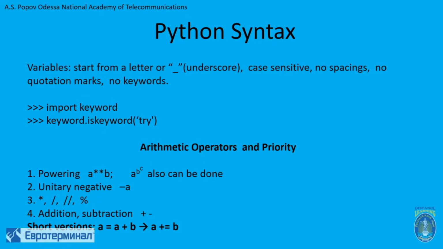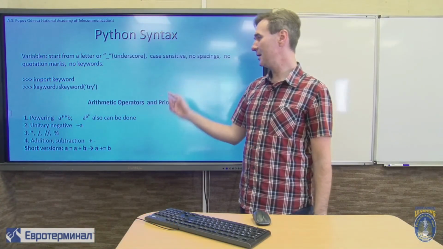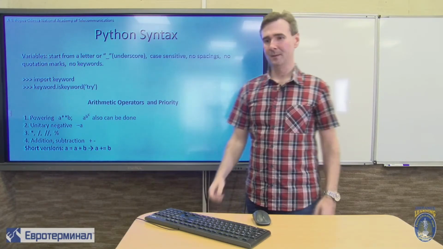Now, the second in priority are the unary operations. I put here unary negative, but it is also fair for unary positive. The next in priority are the operations of multiplication, division, division when you drop the fractional part, and taking the remainder.